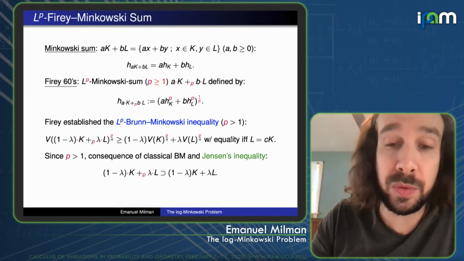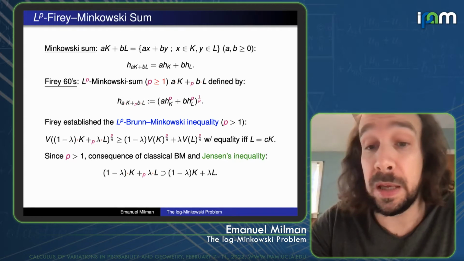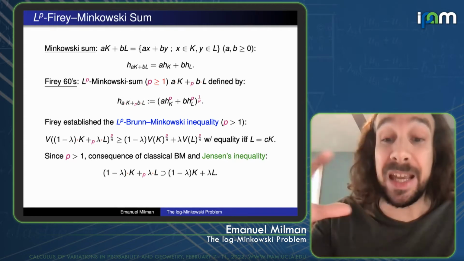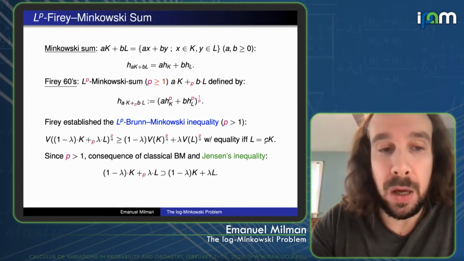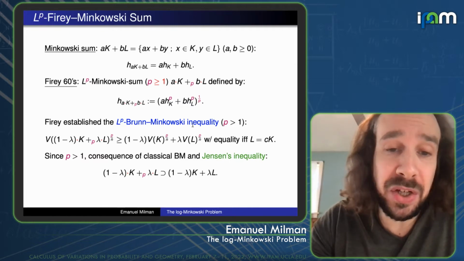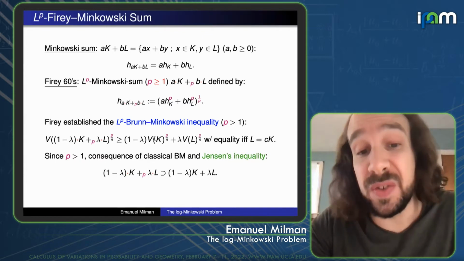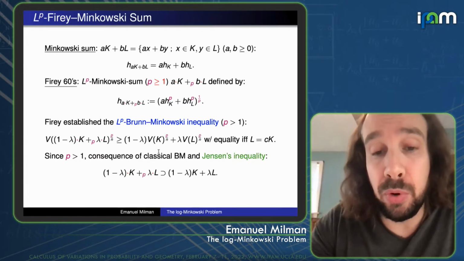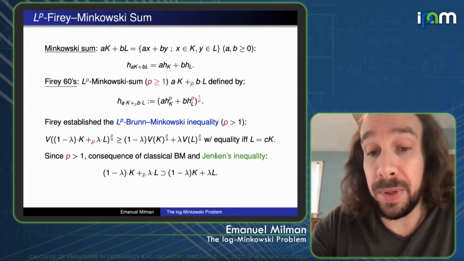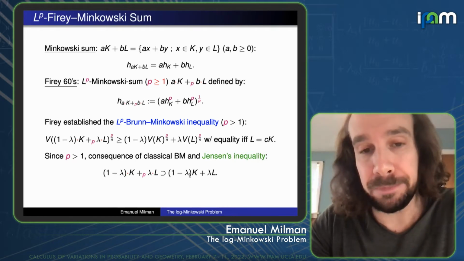So now you have equality if and only if L is just a dilated copy of K. Okay. And actually, there's nothing really new here. It's not like you get a new inequality. This is just a consequence of the classical Brunn-Minkowski inequality together with an application of Jensen's inequality.